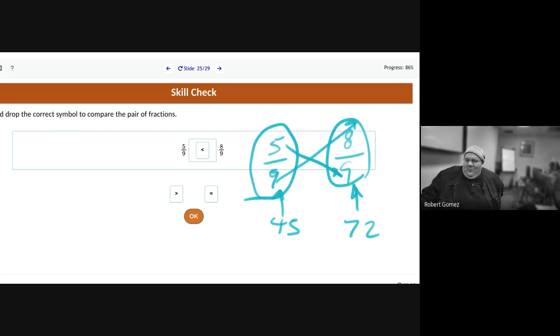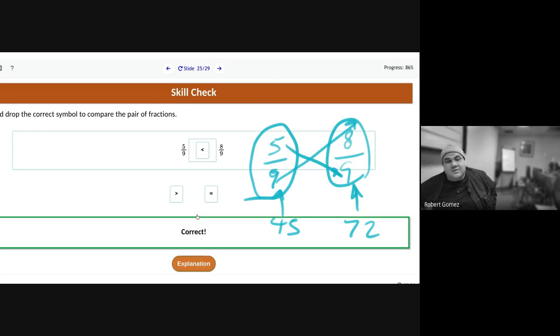The alligator wants to eat the bigger number. What I tend to use, because I think it's a little easier in the long run, is think of it as an arrow, and the arrow points to the smaller number. If you think of it that way, I think it would be easier to remember than the alligator wants to eat the big one, right? So let's check our answer. Yep, and that's correct.